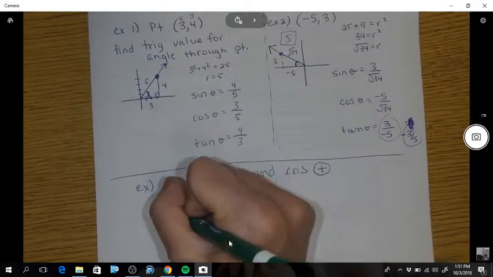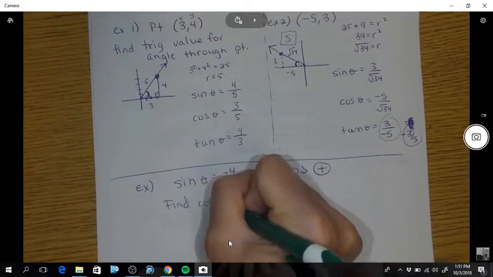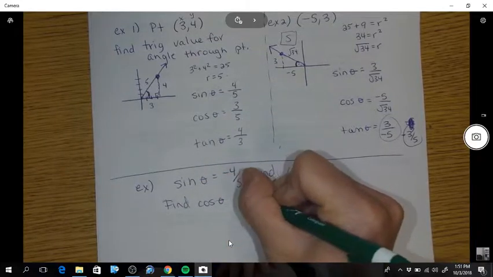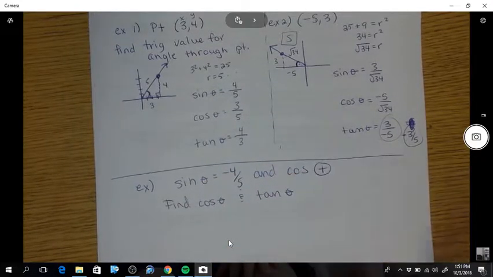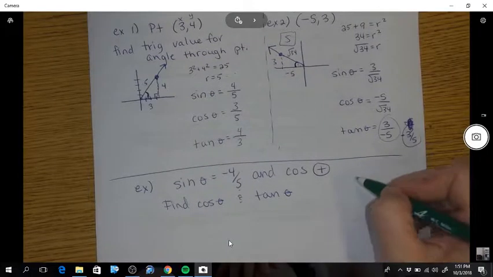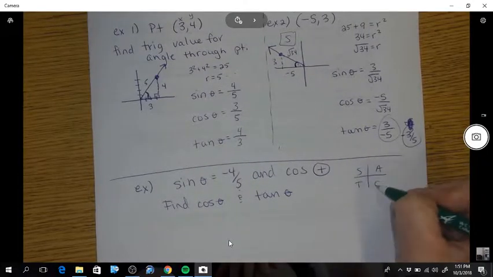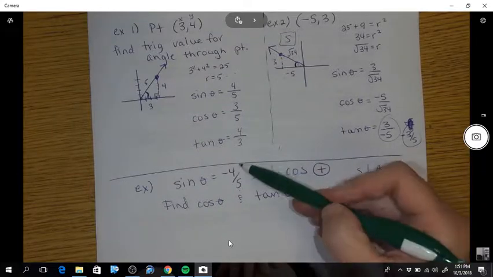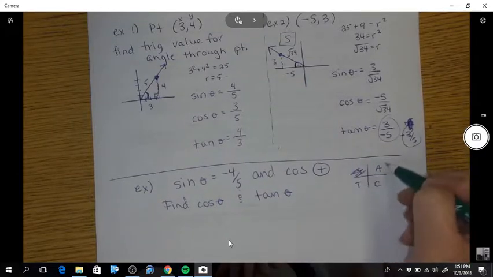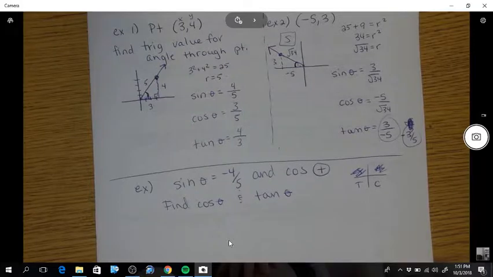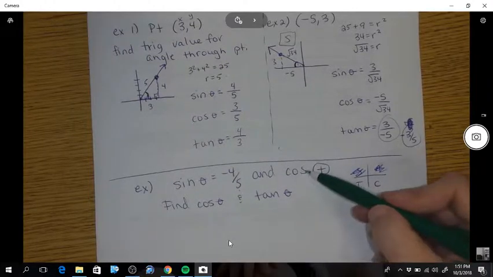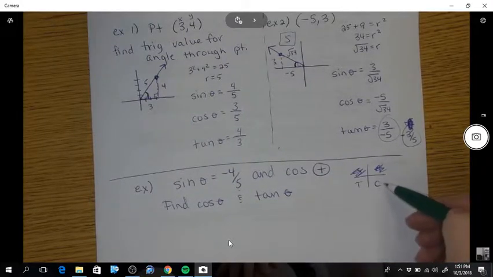So this time you're going to work to find the cosine trig value and the tangent trig value. Okay, so here we go. Let's do our ASTC. Sine is negative, so it's not in those top two. Cos is positive, so it has to be in this one.